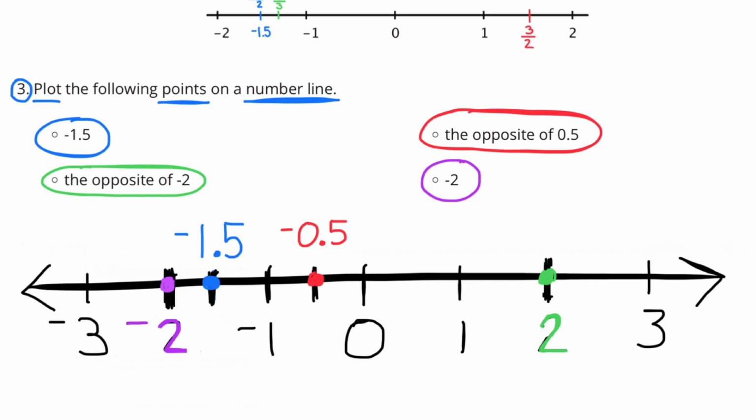So you'll notice 2 units to the right of 0 on the number line, I've plotted the opposite of -2, which is +2. The opposite of 5/10. Well, the opposite of 5/10 would be -5/10. So you'll notice halfway between 0 and -1 on the number line, I've plotted -5/10. And then finally, -2. 2 units to the left of 0 on the number line, I've plotted -2.